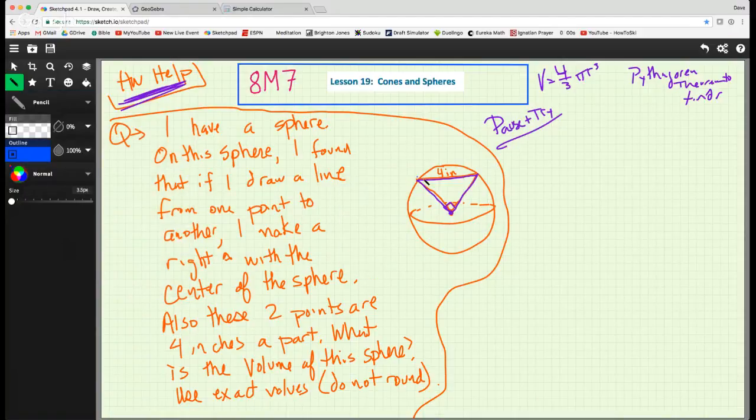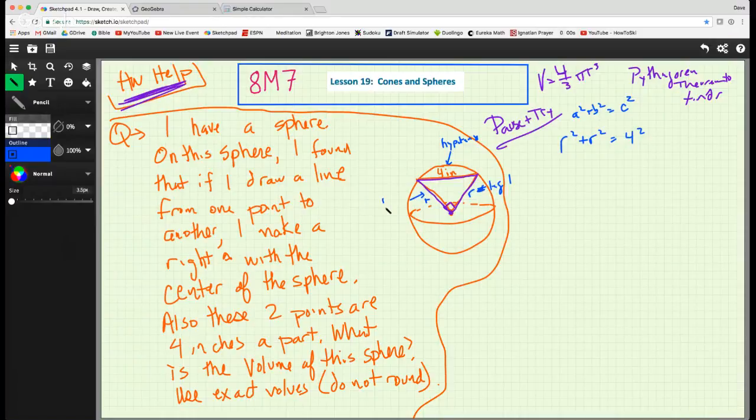So let's look at this. Well, we have this right triangle here where r and r are your legs. So we have r squared plus r squared equals 4 squared, right? a squared plus b squared equals c squared. And our c is 4. This is our hypotenuse. And these are our legs. This is leg 1.